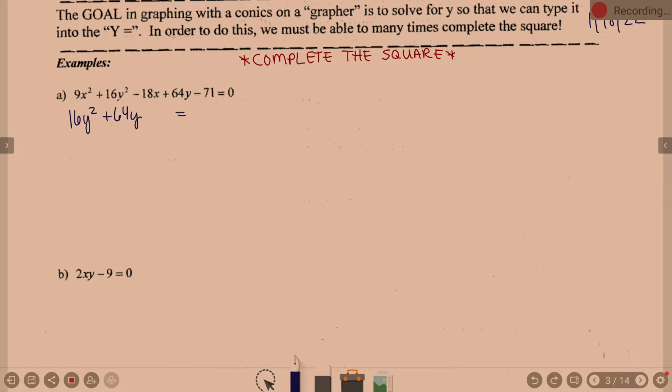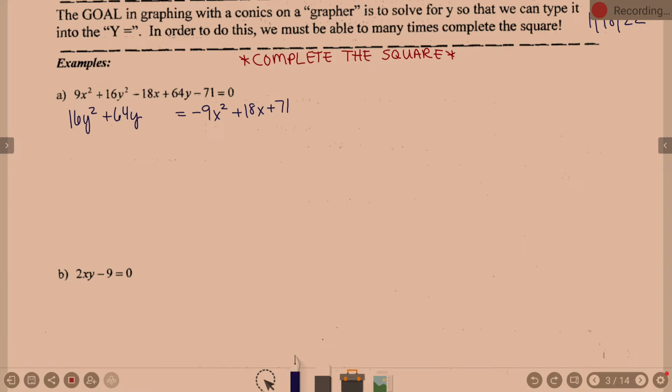And then I'm going to move everybody else over. So I'm going to subtract 9x squared. 16y squared is already there. I'm going to add 18x over. 64y is over there. And I'm going to add 71 to the right. Are we okay with that? That is me trying to get y squared and y by itself, or all y terms on the left, essentially.